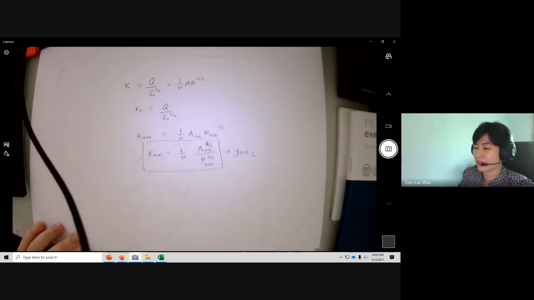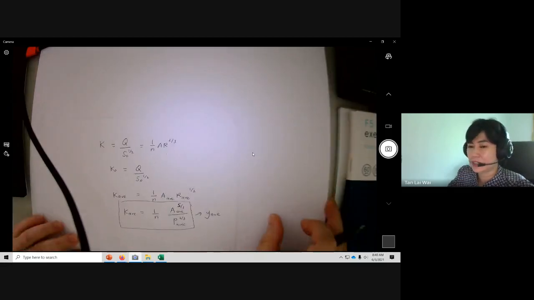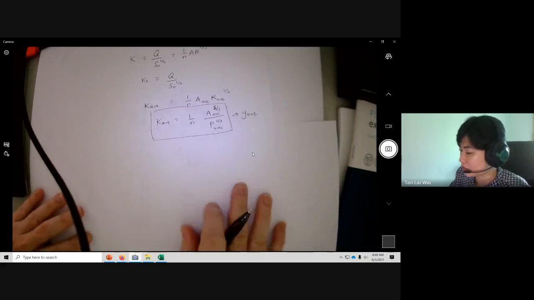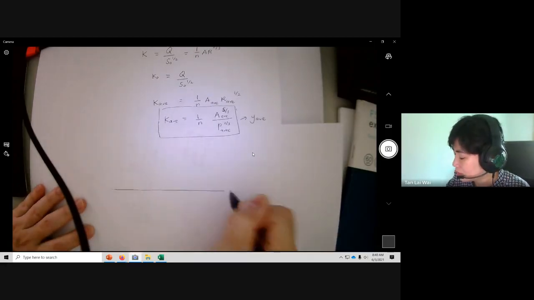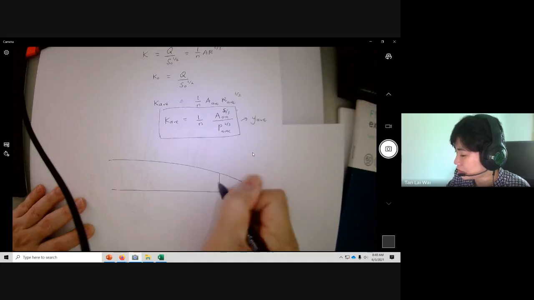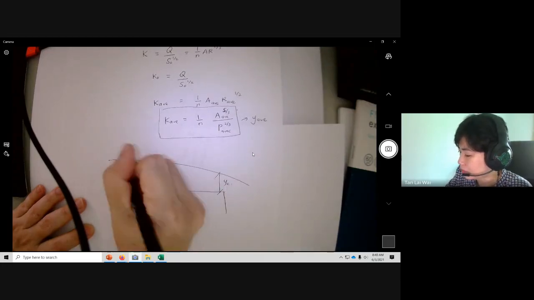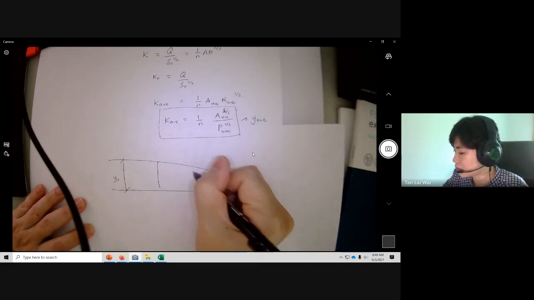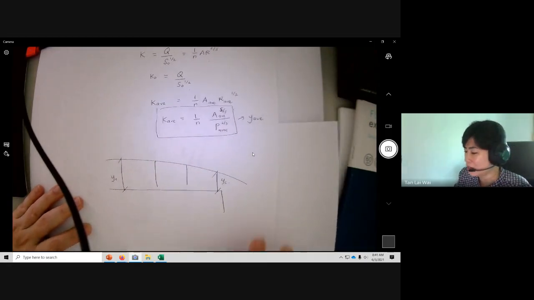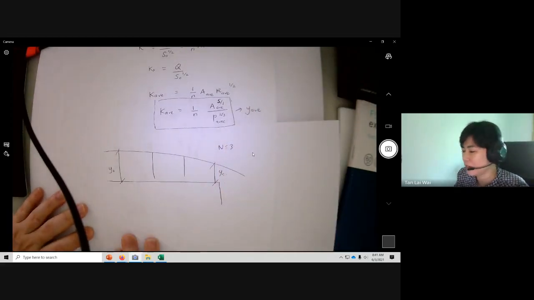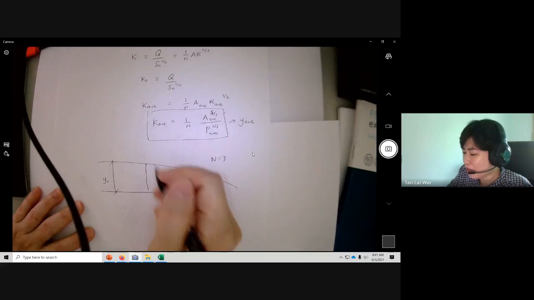Now let's look at our diagram here. I'll just draw it up here. For example, I have a case like this. Let's split into 3 parts, so n equals 3.